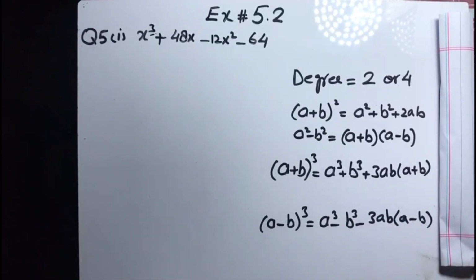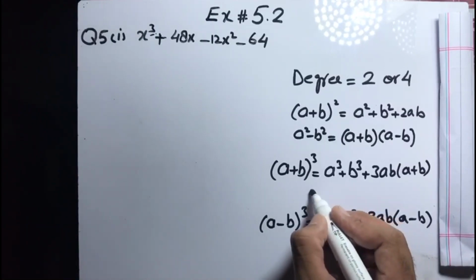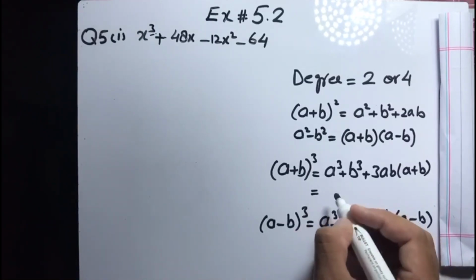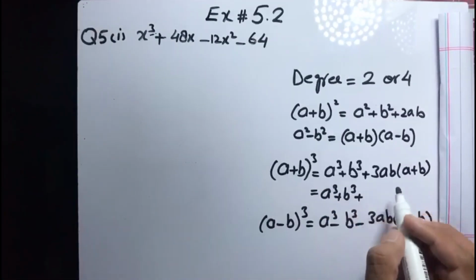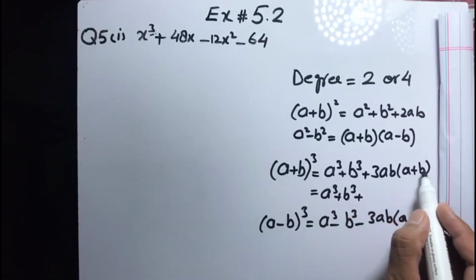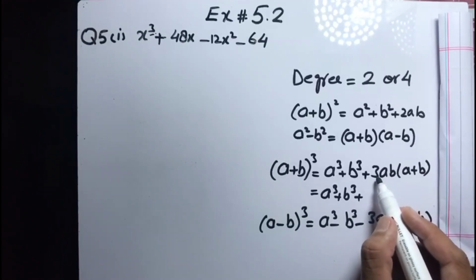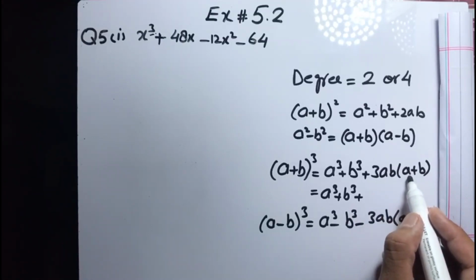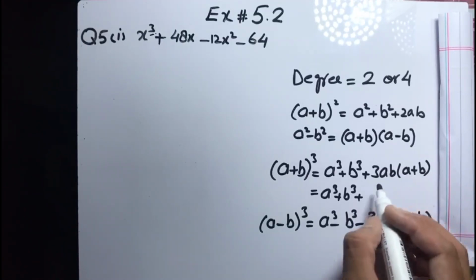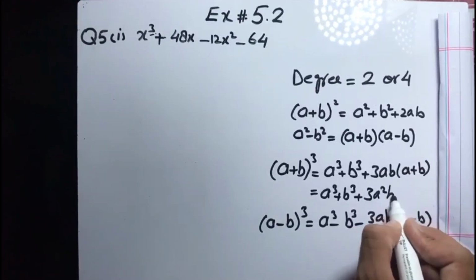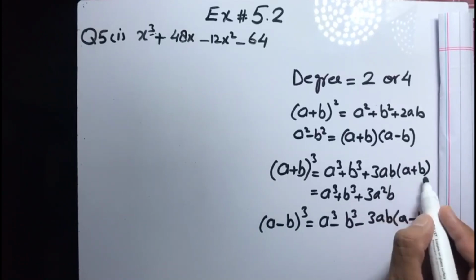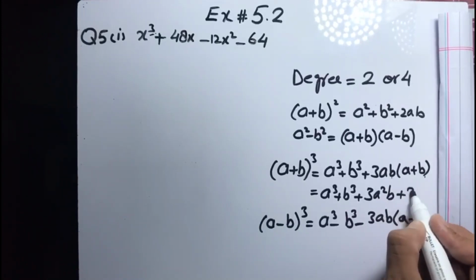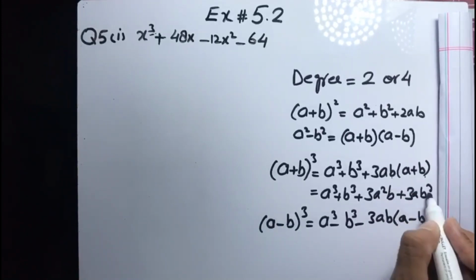In the textbook, the formula used is a cube plus b cube plus, we multiply 3ab into (a plus b). When we multiply 3ab with a, as a is multiplying 2 times, we write here 3a square b. Now we multiply 3ab with b, as b is multiplying 2 times, we write 3ab square.